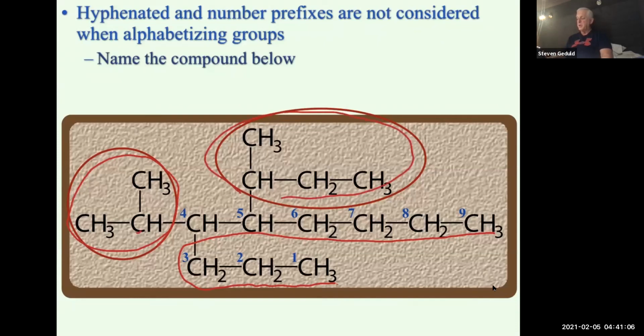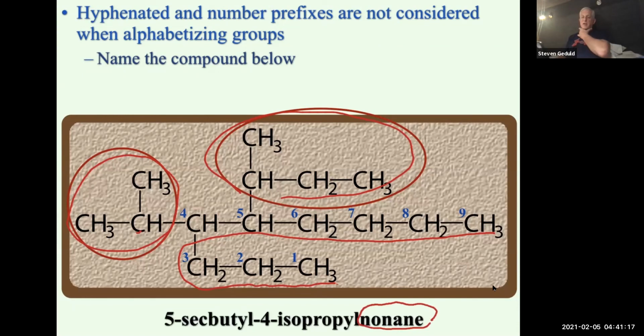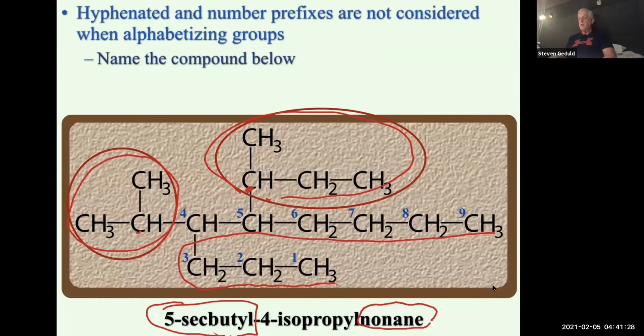Okay, so we need to name those groups. So 9 is what? Okay, 9 is nonane. A and E, they're all single bonds. At number 5, we have sec-butyl. We're going to attach this to the secondary carbon of the butyl group.